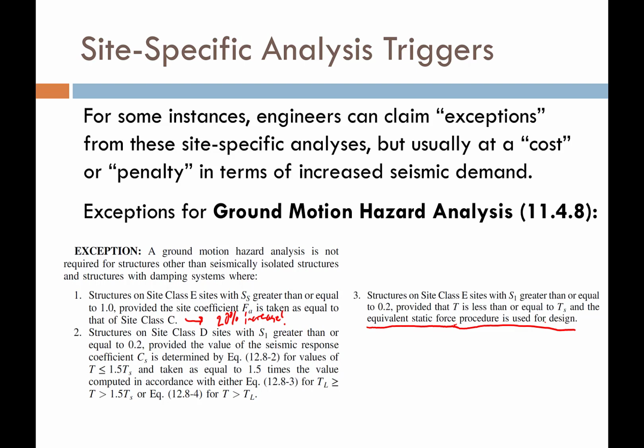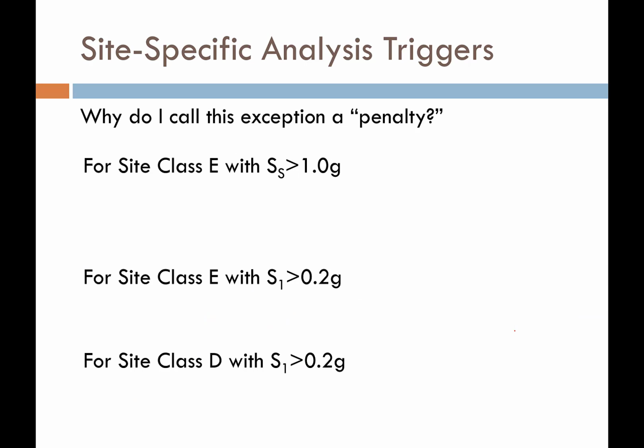It's intended to be very conservative. So again, all this is saying is if you're on the very top, the plateau of that, hey, you're fine. Go ahead and just stay on that plateau, but you have to use the equivalent static force procedure. So no matter what you're doing, there's going to be some conservatism there.